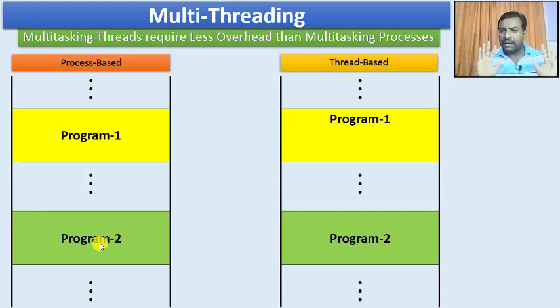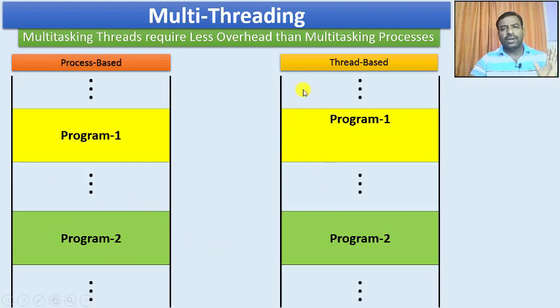Hence, program 1 will have its own address space to create its local variables, reference variables, objects, to store its code, and to store the execution result. Whatever the purpose the memory is required, it is going to have its own dedicated address space. And program 2 will also have its own dedicated address space.